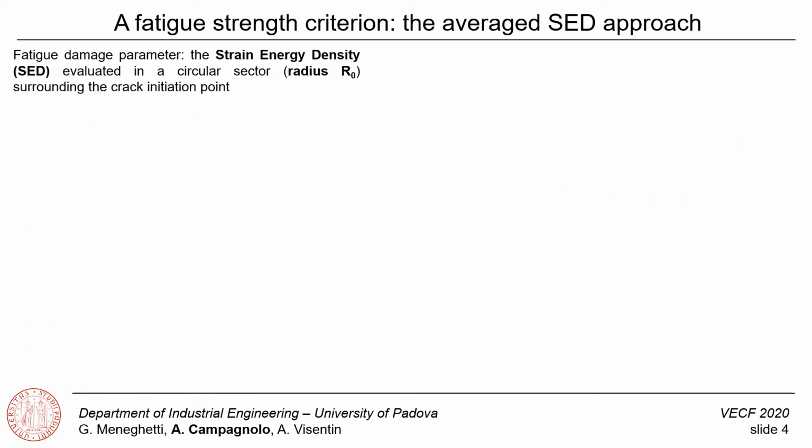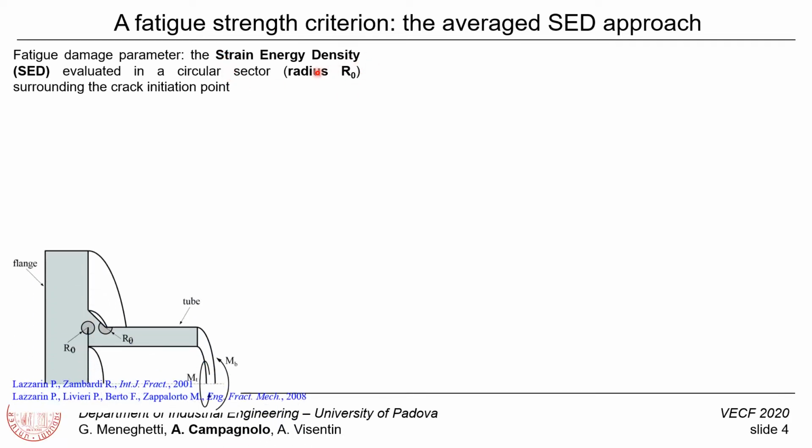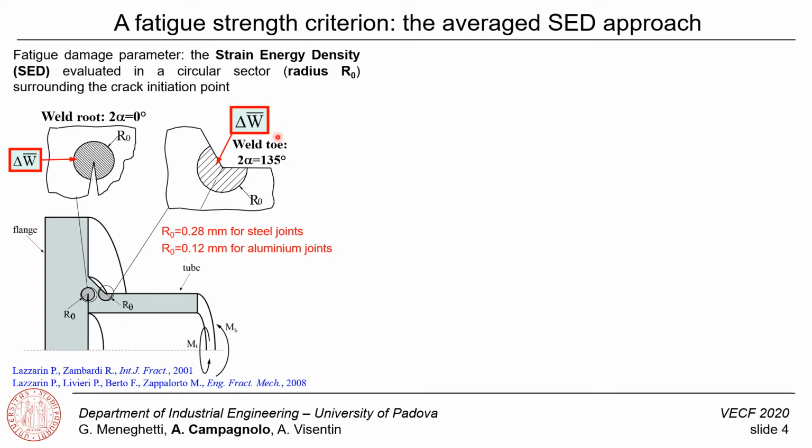The strain energy density averaged over a structural volume of radius R0 and surrounding the crack initiation point, that is the weld toe or the weld root side, is assumed as a damage parameter for welded joints undergoing fatigue loading. The structural volume size R0 is a material property which is equal to 0.28 mm for steel joints or 0.12 mm for aluminum joints.